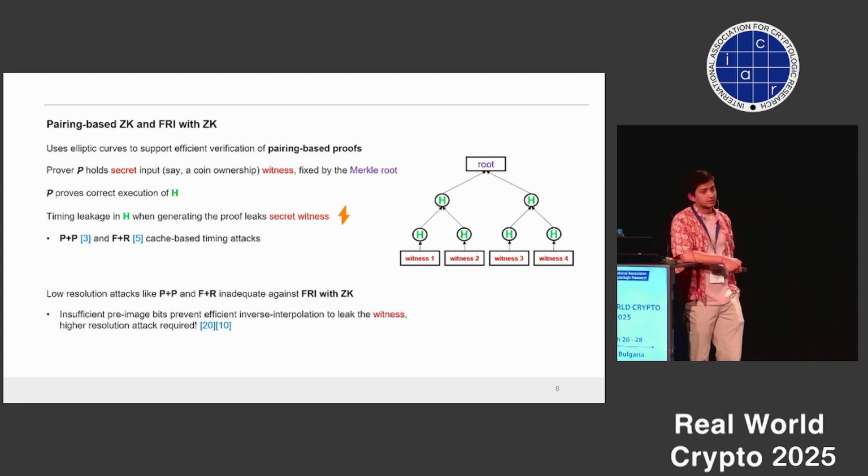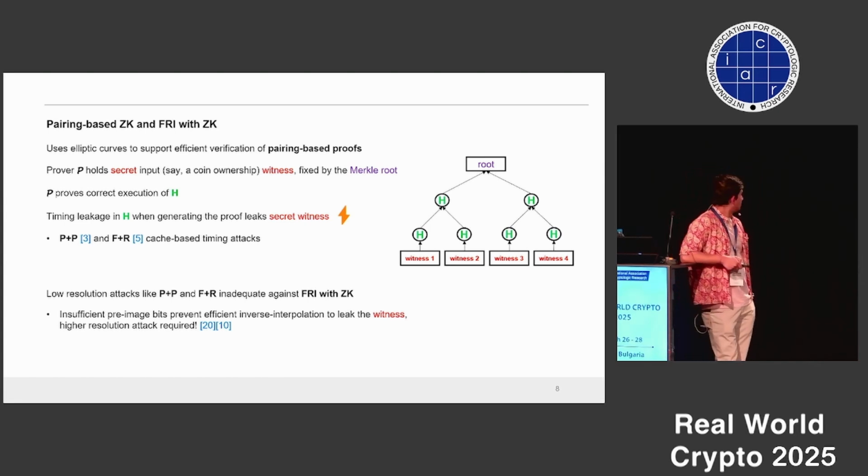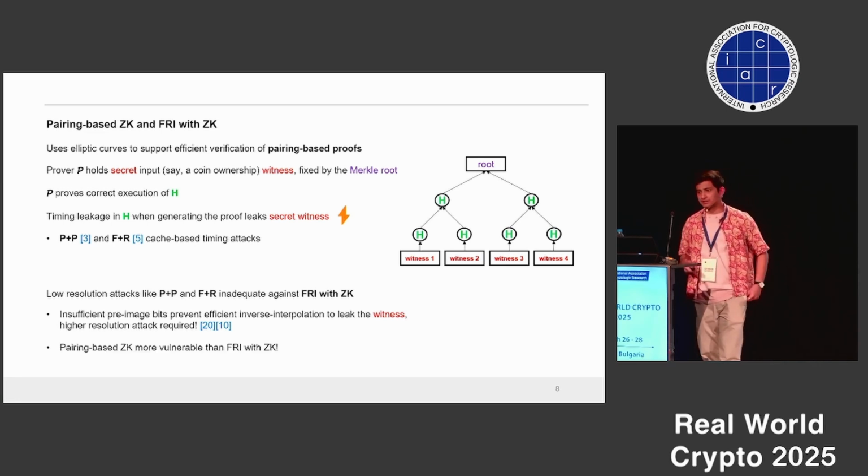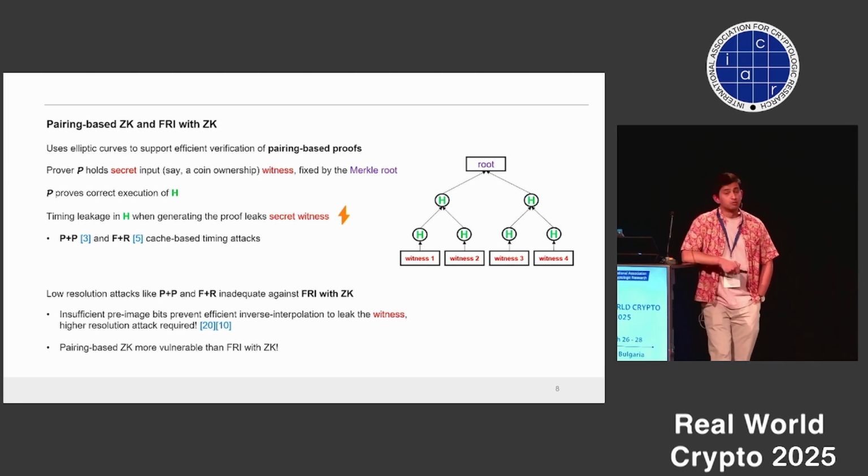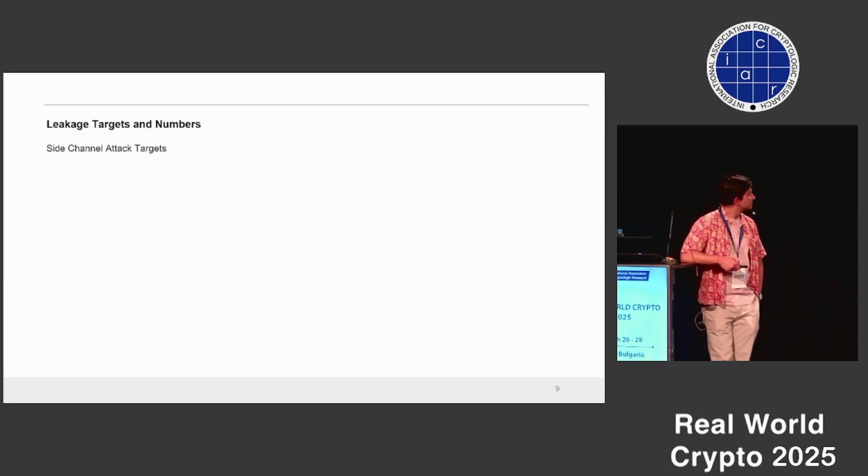And so here, of course, we can look into higher resolution attacks, like the ones at sub-cache line resolution level. And so the broad takeaway can be that the pairing-based ZK is more vulnerable than FRI-based ZK, at least for these older attacks.